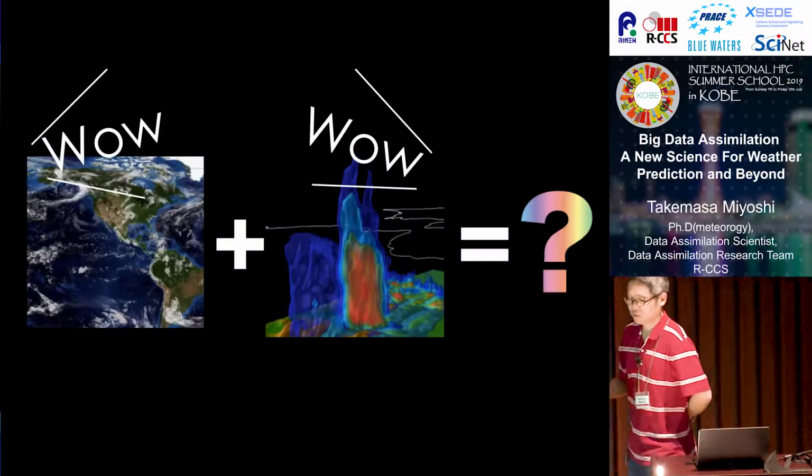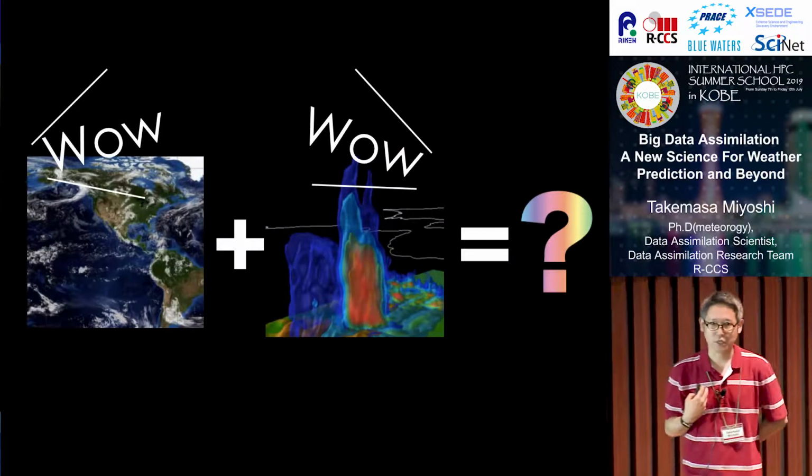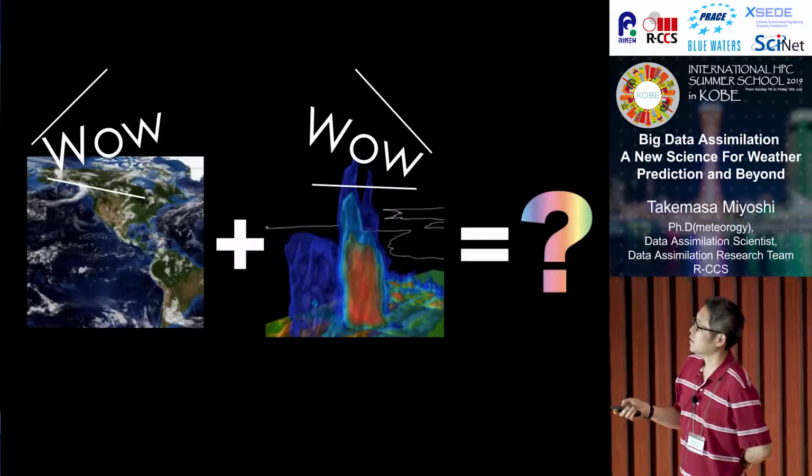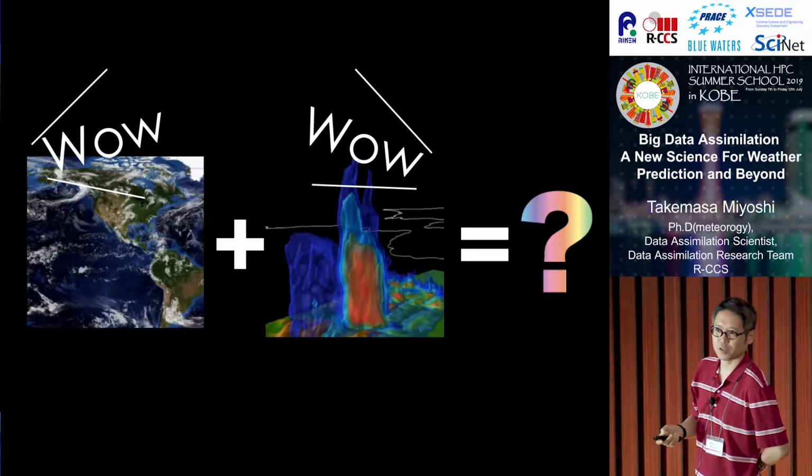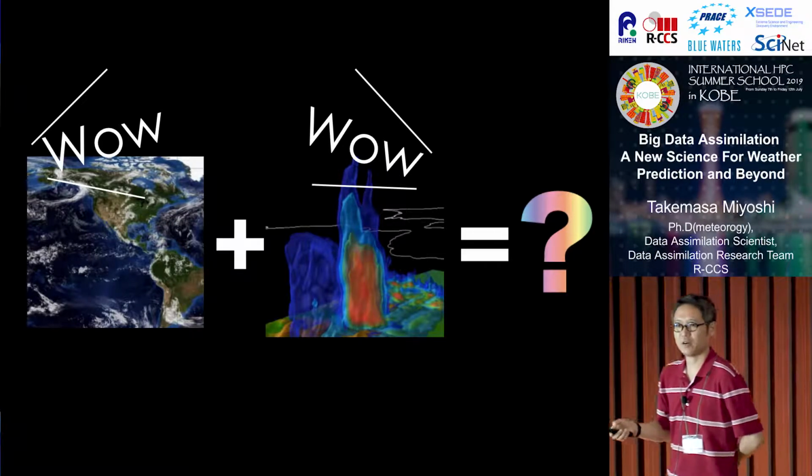So the question for me as a data assimilation scientist is what we can do or how we can combine these two amazing things. One is the very high resolution simulation. So this is purely virtual computation. And this is real. So we observe only partially, but a very detailed structure of the real world.